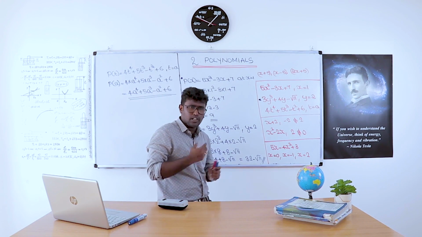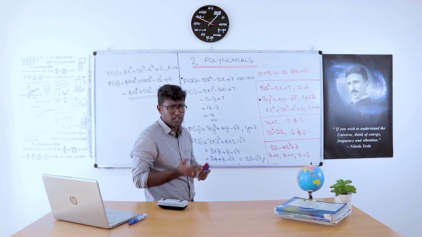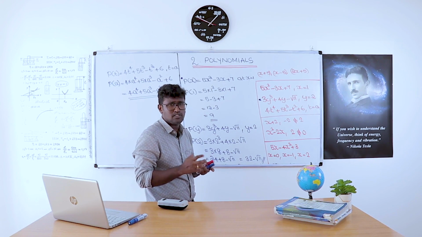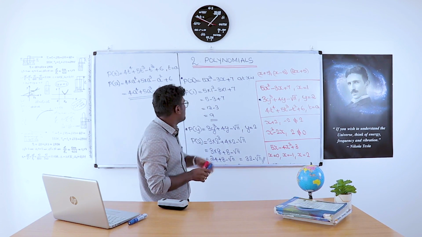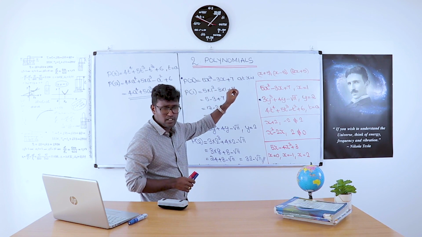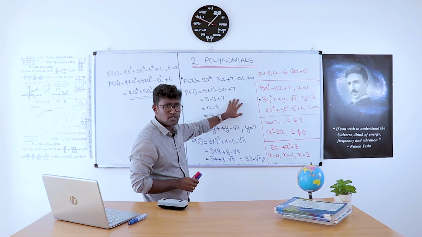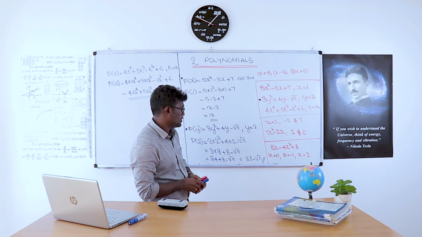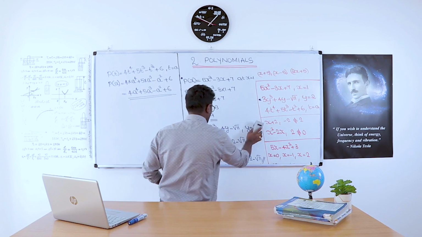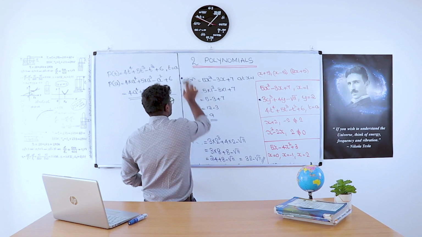Now moving to the next topic, called zeros of a polynomial. What about the topic zeros of a polynomial? If we have a polynomial and for some values the polynomial tends to 0, then that is a zero of the polynomial. We have to check problems like that.